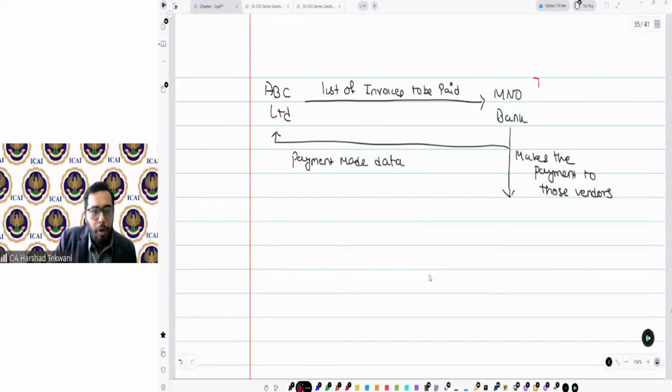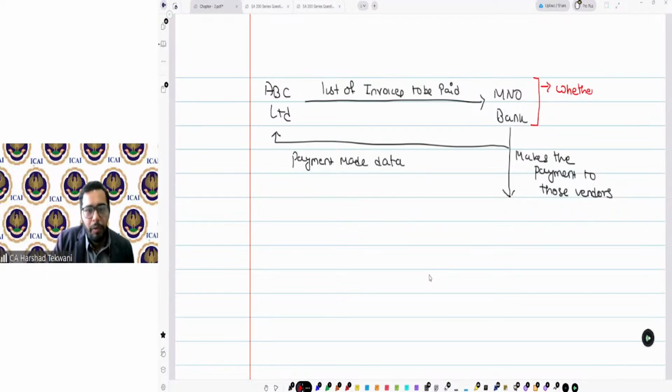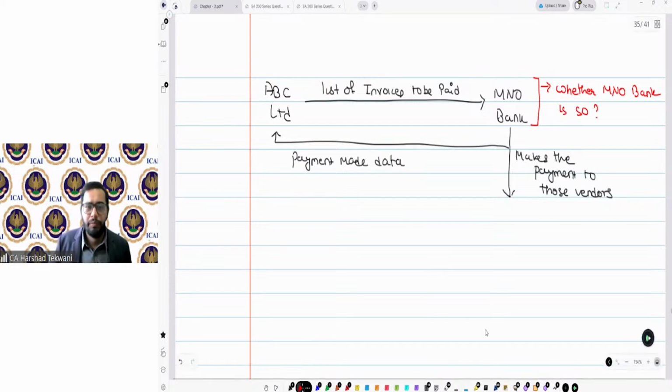So the question is whether MNO Bank is a service organization. Simple. So we discussed just now the criteria for a service organization.